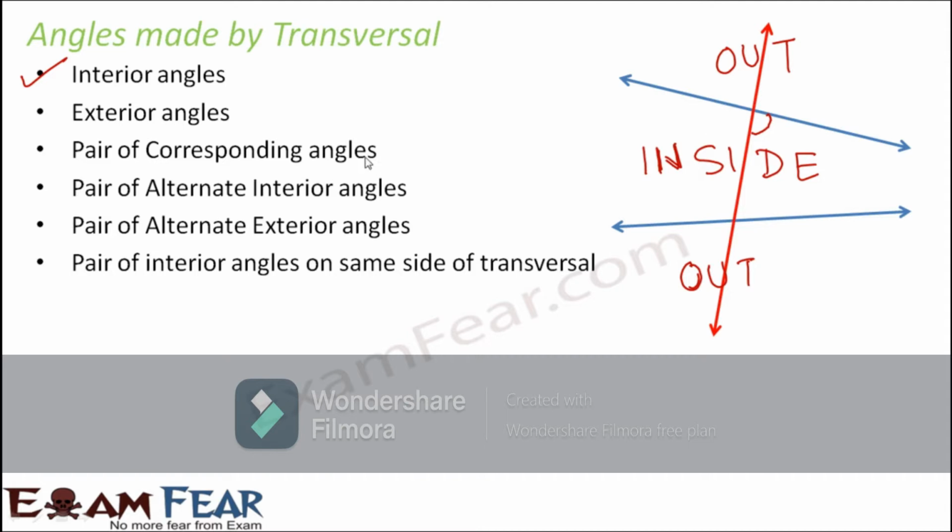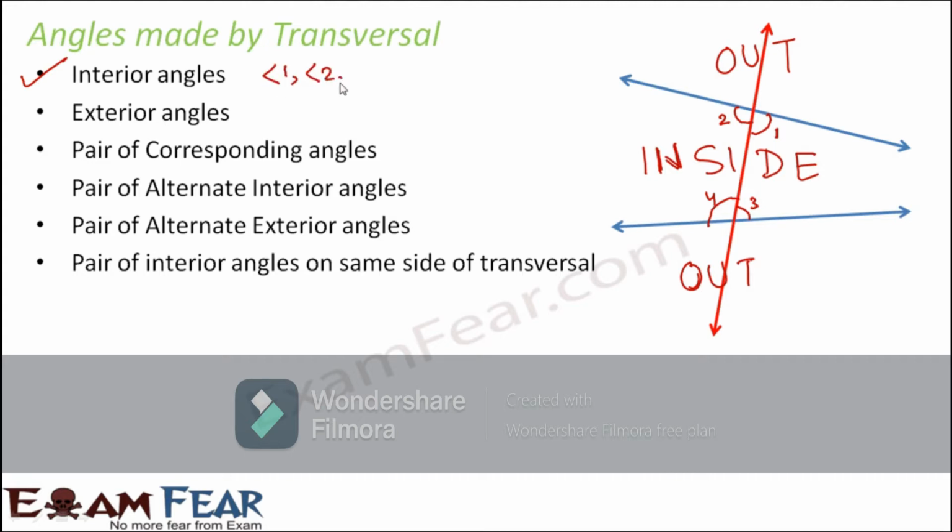And definitely these angles are made by the transversal, so the transversal has to be one arm of the angle. So this angle, let's call this angle 1, this angle 2, this angle 3, and this angle 4. So these are all examples of interior angles.